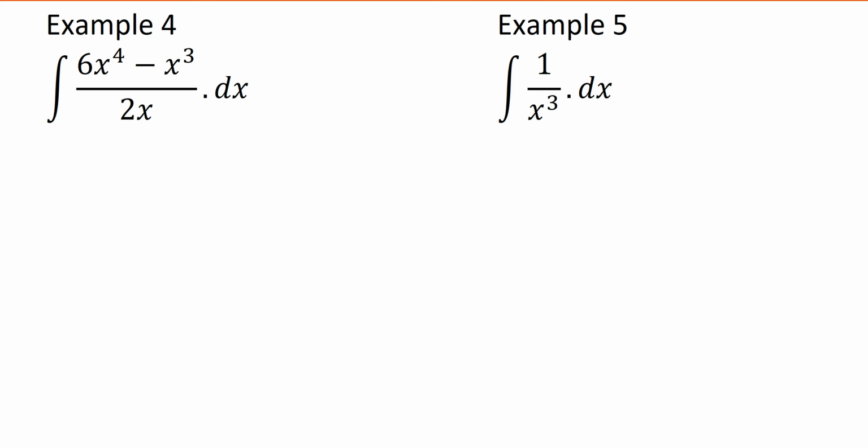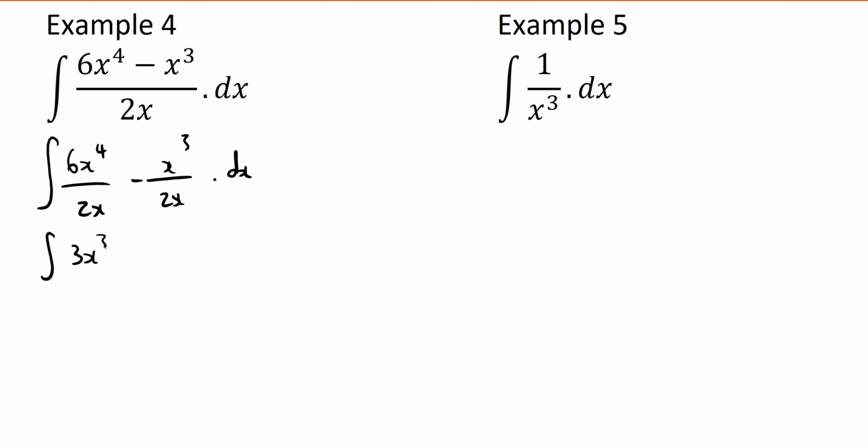So I'm going to integrate 6x to the power of 4 over 2x minus x cubed over 2x with respect to x. So I'm going to integrate 3x cubed minus x squared over 2 with respect to x.